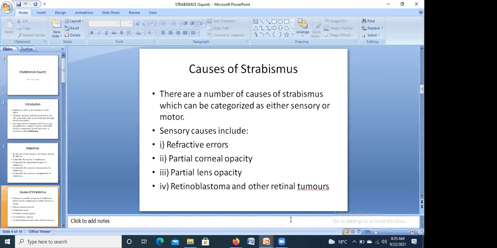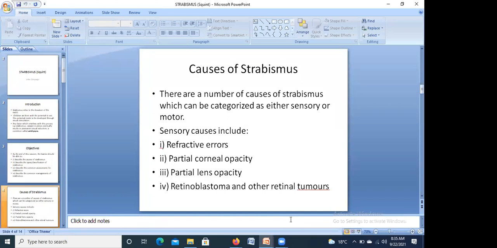The causes of strabismus are diverse, but for this case, we are going to divide them into two broad categories. That is the sensory causes, anything which interferes with the processing of vision, that is through refraction within the eyeball and focusing light onto the retina.